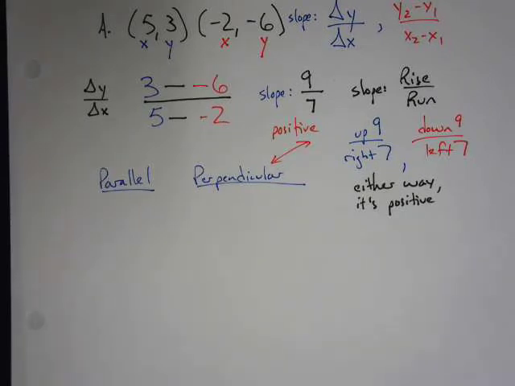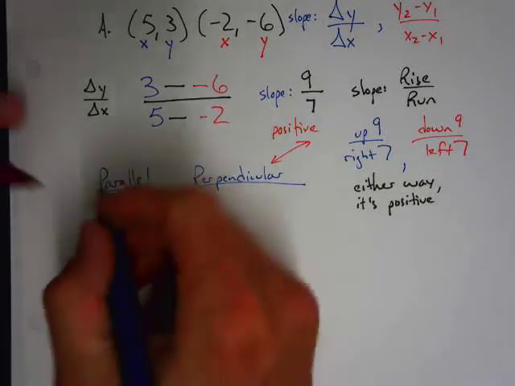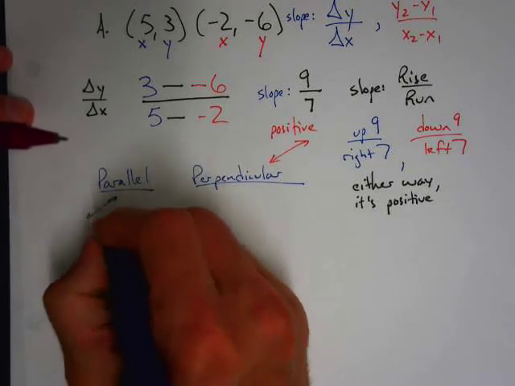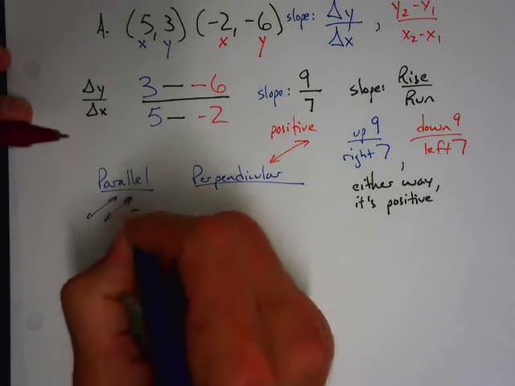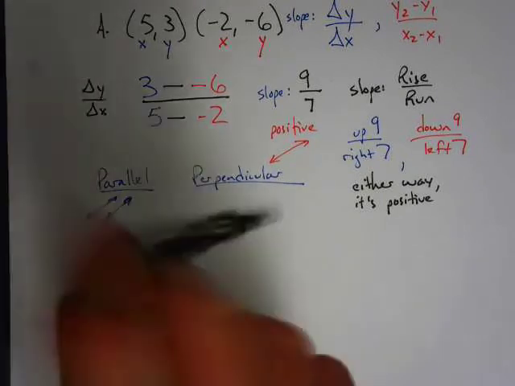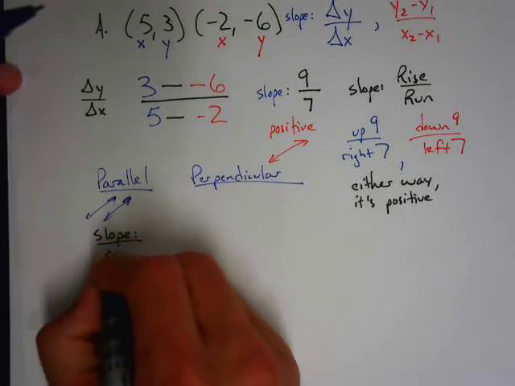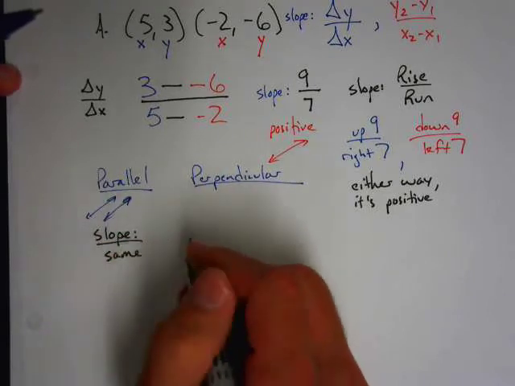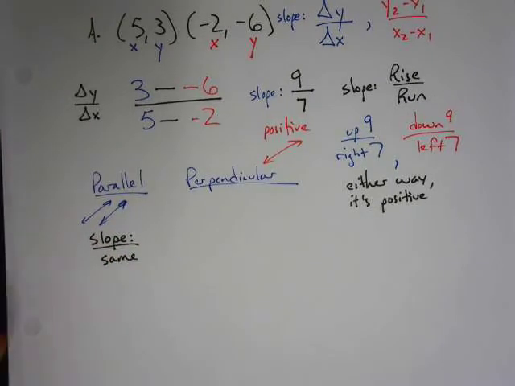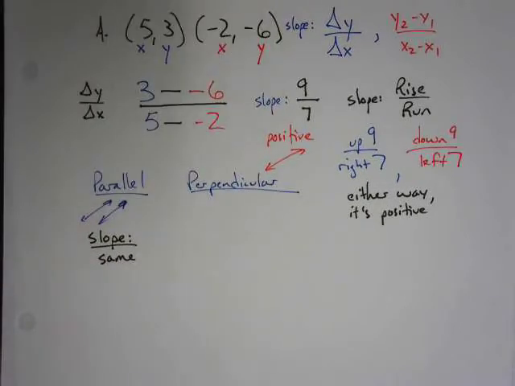But it's just fun. Anyway, parallel lines are two lines that will never touch, they'll never cross. And as you know from previous lessons, in regards to slope, slope is the same. So if one line has a slope of 9 over 7, any line parallel to it will have the same slope.